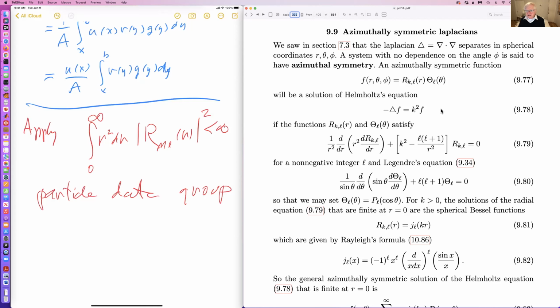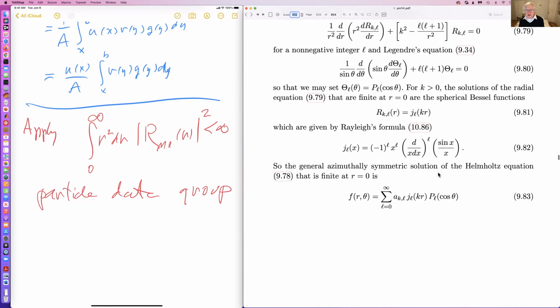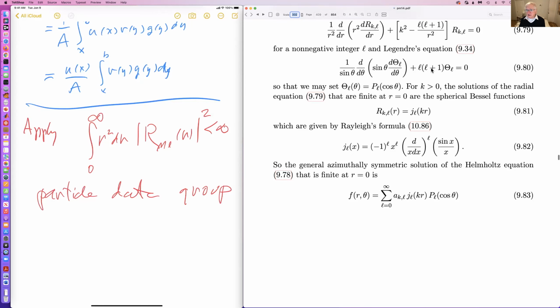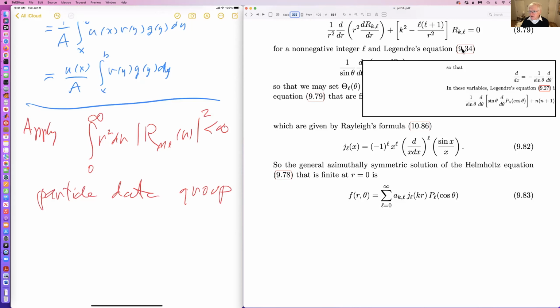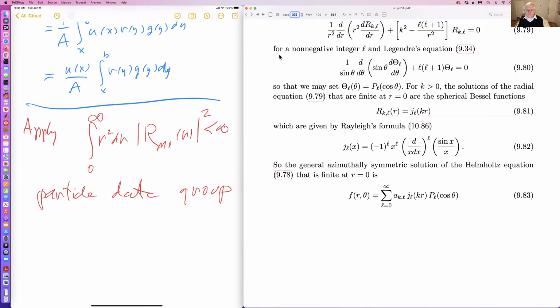And it's going to be a solution of Helmholtz's equation if R and theta satisfy these two equations. And the theta equation is Legendre's equation that we saw before. So we can set big theta equal to the l-th Legendre polynomial of cosine theta.